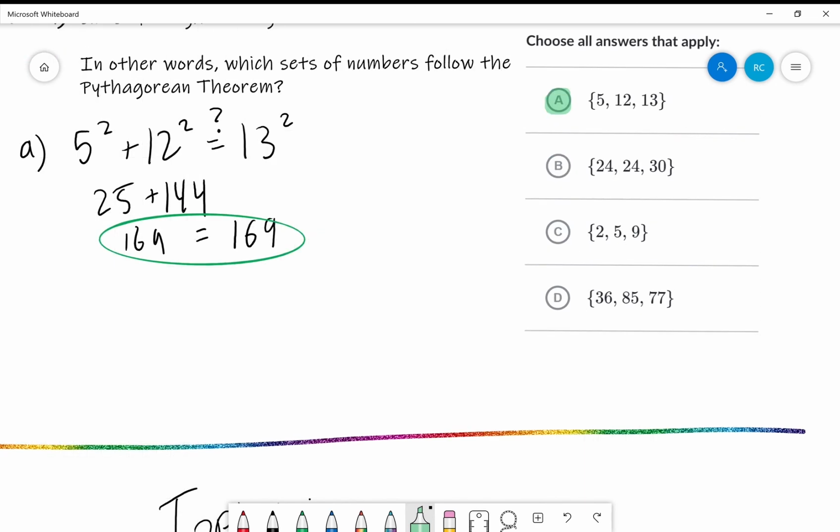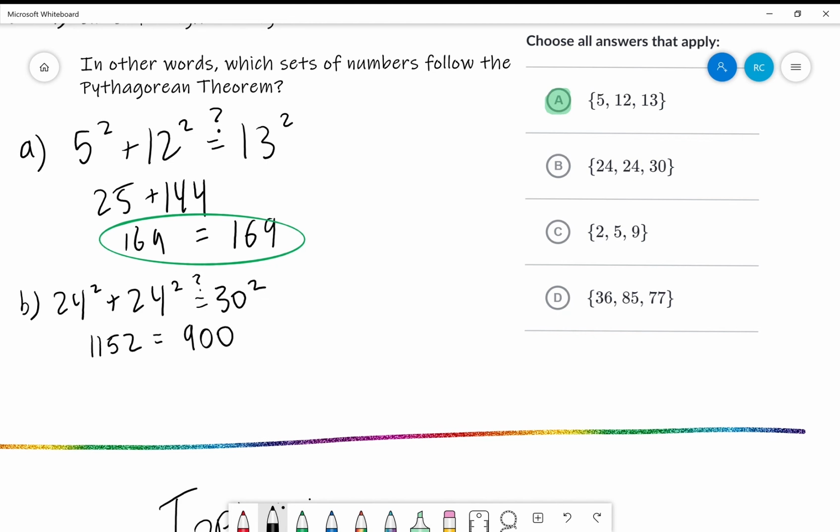Let's take a look at B. I should probably write a little bit smaller. 24, 24, and 30. 24 squared plus 24 squared equals 30 squared. All right, well, in my calculator, I say 24 squared plus 24 squared equals, and I get 1152. 30 squared, I get 900. So those are definitely not equal. So B doesn't count.